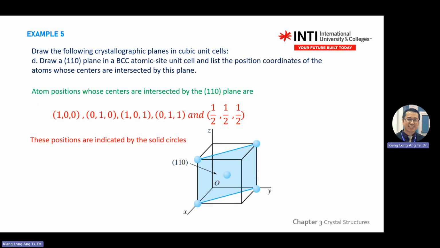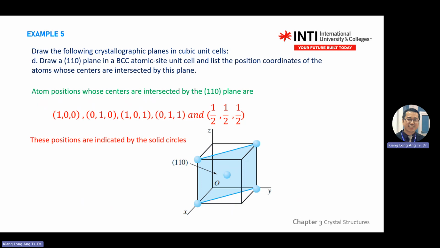You get a 45-degree chop like that. Okay. Then they ask you to list the position coordinate of atoms whose centers are intersected by this plane. So if you cut the BCC by this plane, like a laser cut, the atoms that are touched by the cutting plane are: this one, this one, this one, this one, and this one.